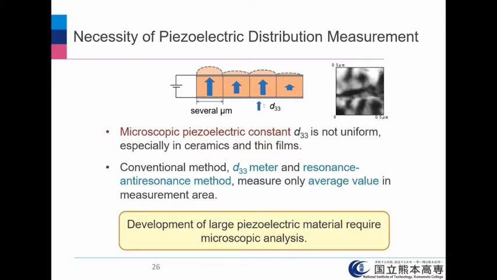Conventional measurement methods like the d33 meter and the resonance method measure only the average value in the measured area. To develop large piezoelectric materials, I think microscopic analysis is important. Moreover, polarity inversion cannot be measured by X-ray diffraction, so we try to develop this kind of system.